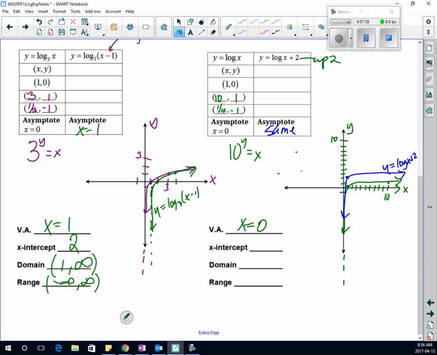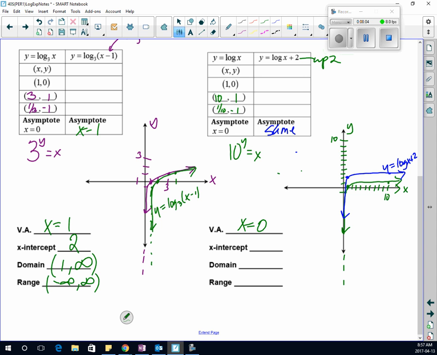What's my x-intercept this time? It's hard to tell. No, I don't think you can tell. So how do you do it algebraically if you can't tell graphically?